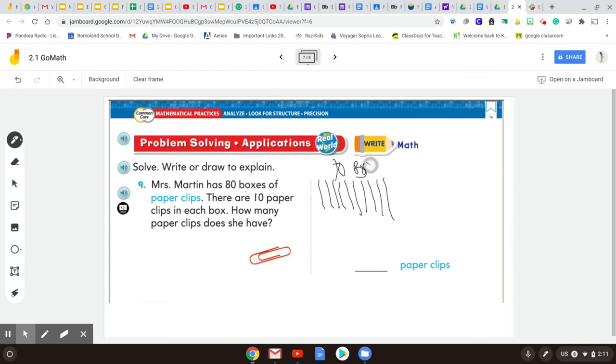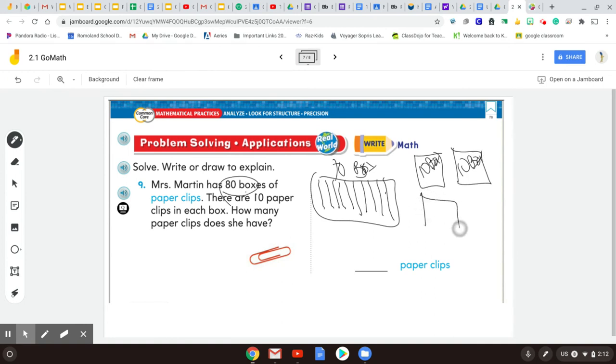10 boxes. But she has 80 boxes. So I'm going to make this into a square. I'm going to go ahead and make 7 more squares. Here are my squares, and each one has 10 boxes, right? 10 boxes, and each box has 10 paper clips.